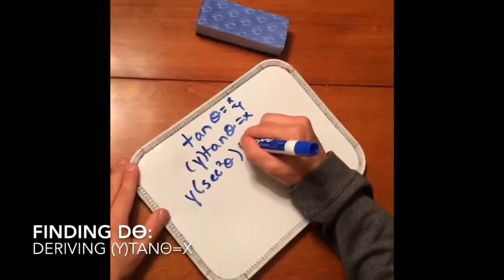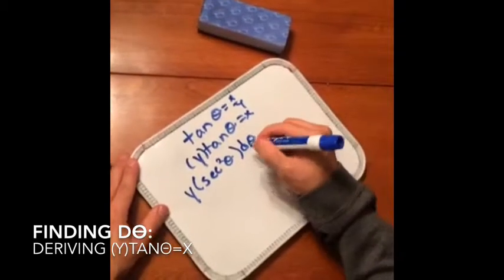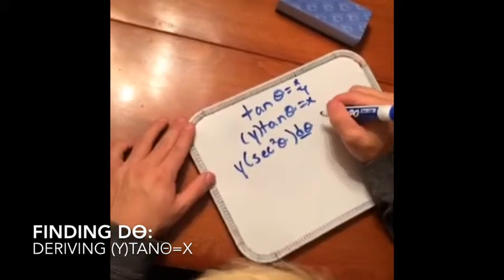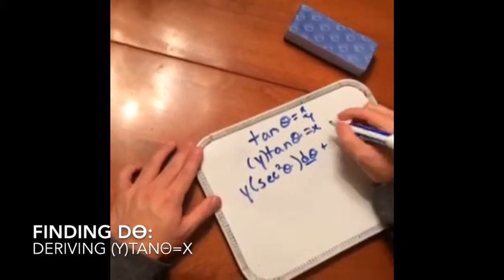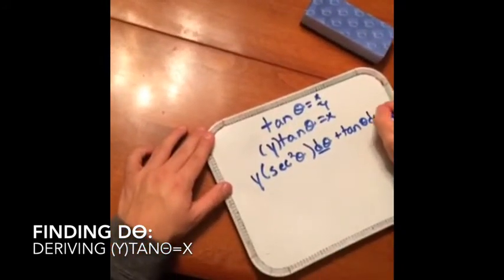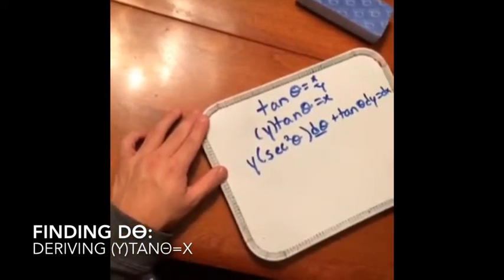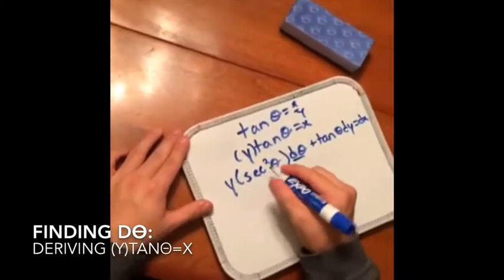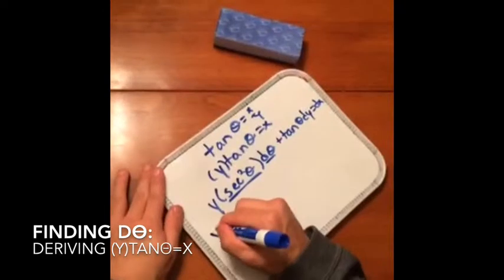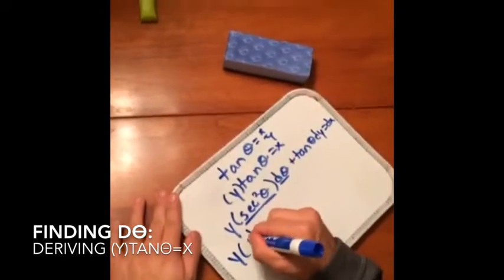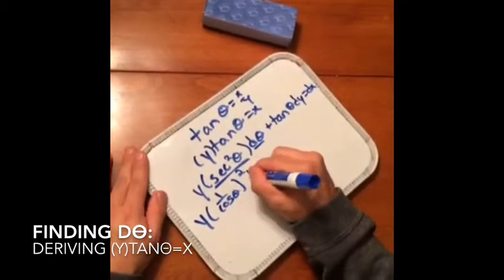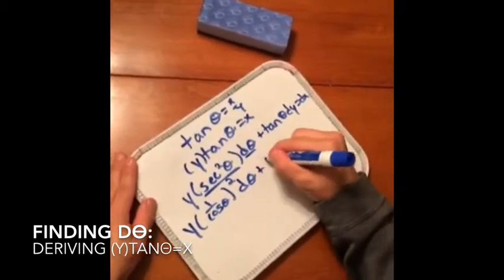Now theta, when it's derived, creates a d theta. That's how we can find d theta. Plus tan theta dy equals dx. Now, since our calculators can't do secant squared theta, we're going to rewrite this to y times 1 over cosine theta squared, still dropping down the d theta and everything else.